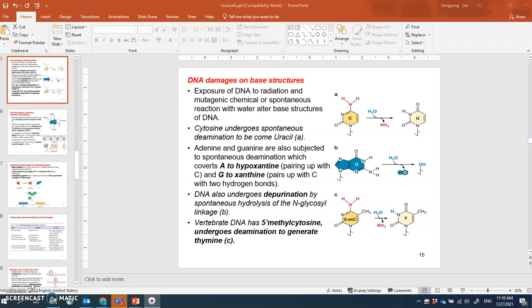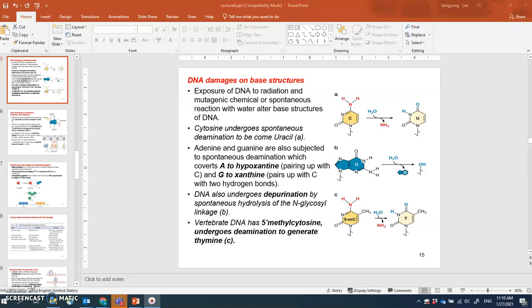Now we're going to talk about the changes of the nucleotide, especially the base structures, and how they are made under different mutagenic conditions. So, DNA damage on base structures. We'll take a look at some examples that may happen spontaneously or through induction, maybe through exposure to different chemicals.